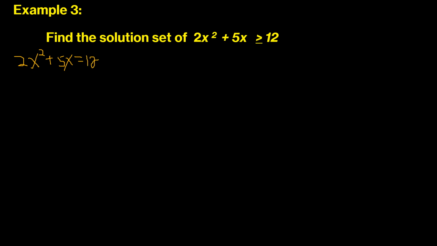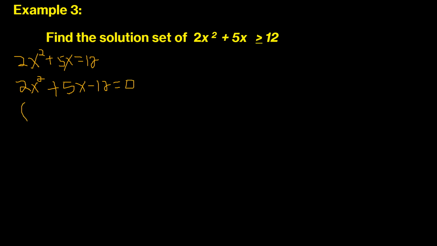But the right side of the equation should be 0. So we have again to transpose 12 to the left side. So we have 2x squared plus 5x minus 12 is equal to 0.